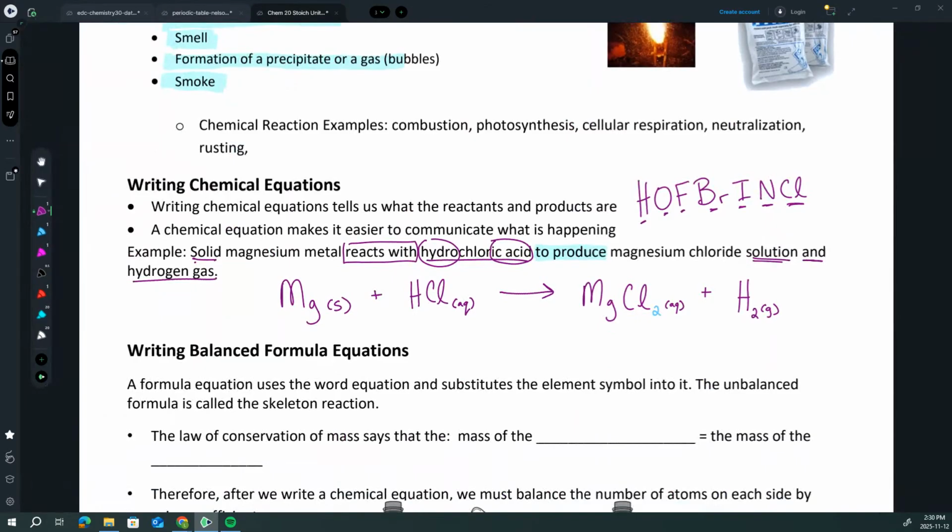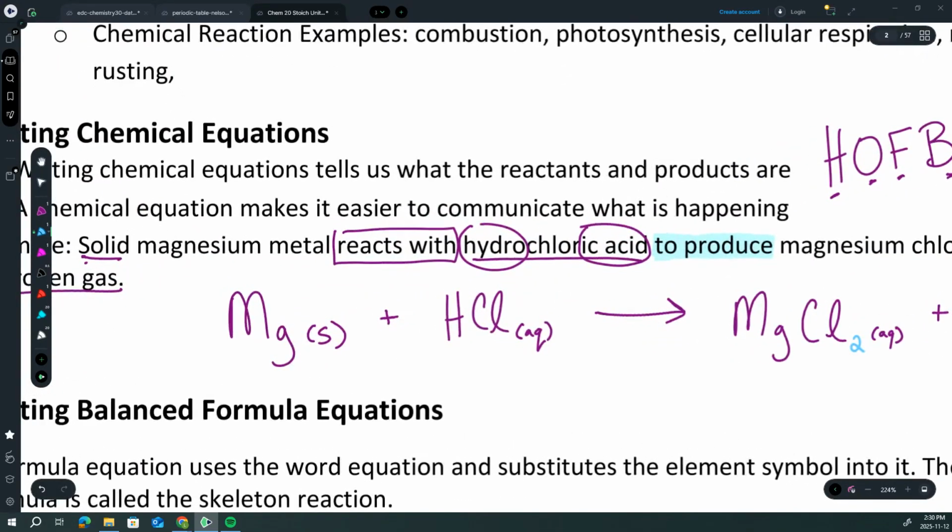So now, since each chemical species here is balanced, we need to make sure that the entire chemical equation is balanced. For magnesium we have 1 going in and 1 coming out.